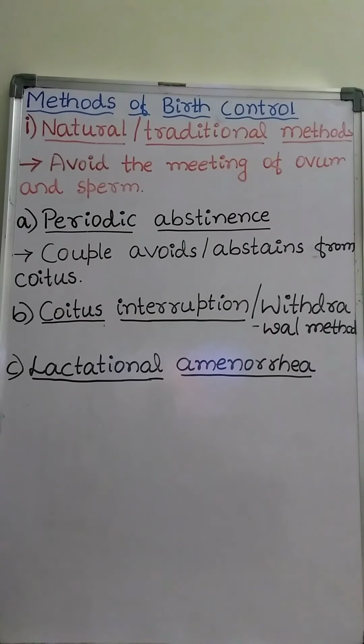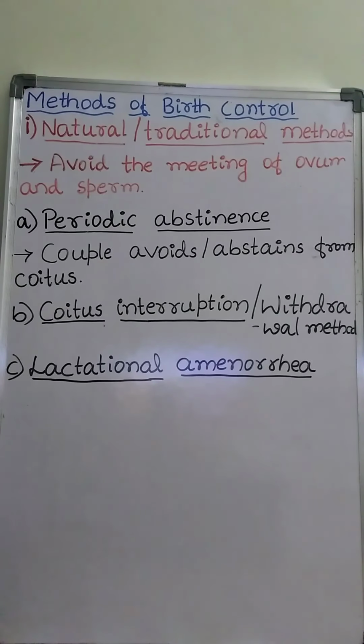If the menstrual cycle starts before 6 months after delivery, sexual intercourse may lead to fertilization. As no medicines or devices are used in these natural methods, side effects are almost nil.